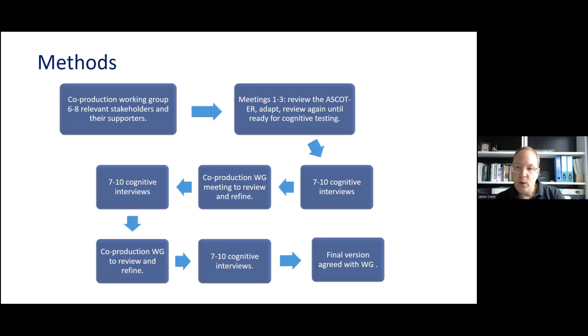And then between each of those, we go back to our working group to discuss the findings and the possible changes to make as a result of those findings for the next round of cognitive interviewing. And the aim, as fairly obviously for both of these, is to improve the clarity of the easy read version in order to maximise the response rates and minimise the need for support from carers or support workers.